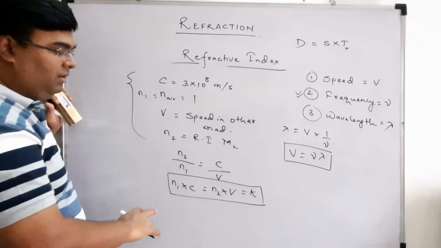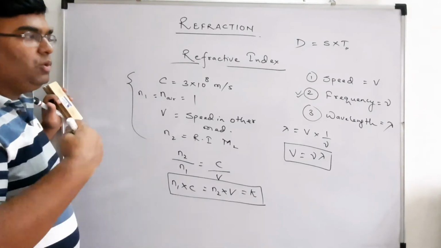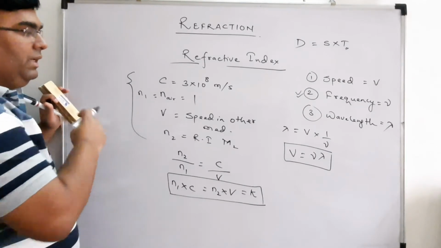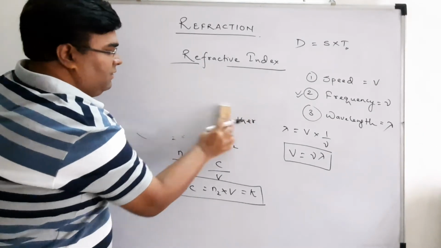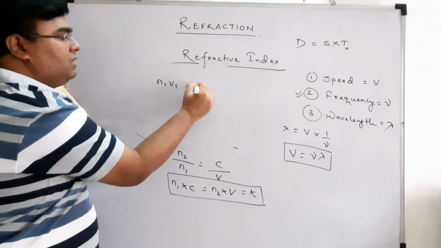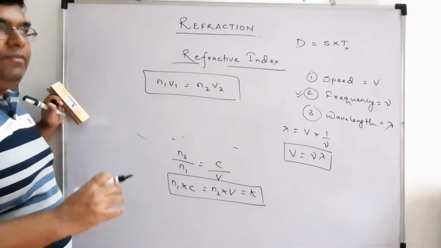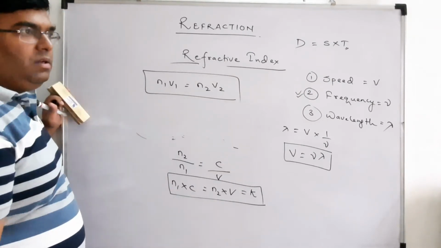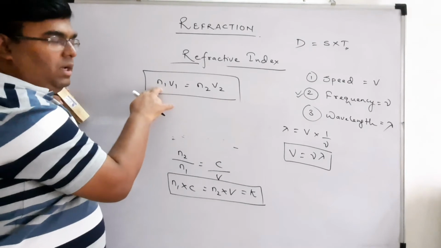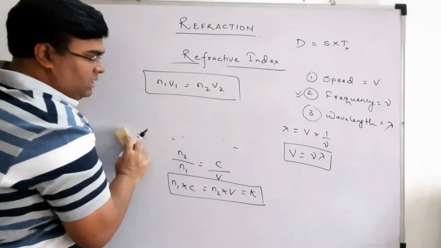Snell's law you can write in this form also: n1 into v1 is equal to n2 into v2, where v1 and v2 are the speed of light in medium 1 and medium 2, right? One relationship, you understand this?